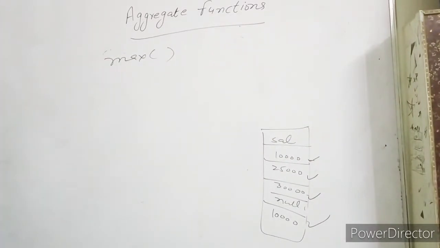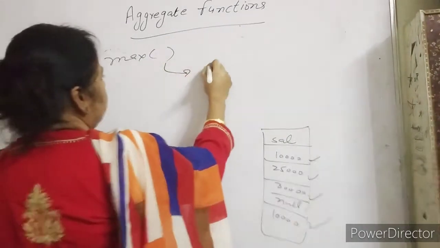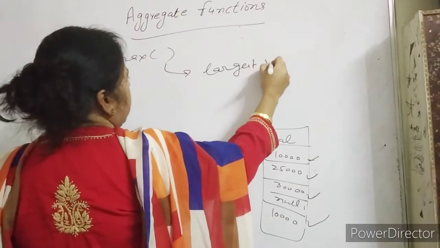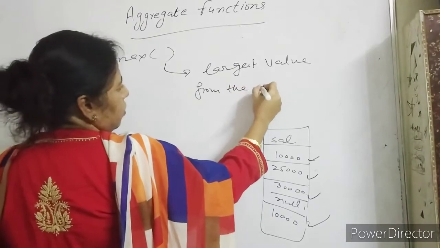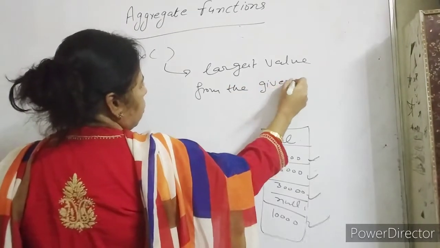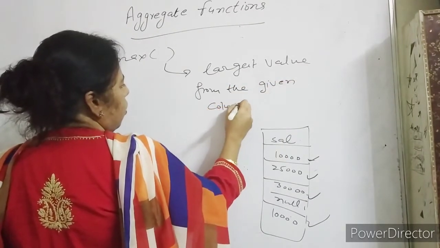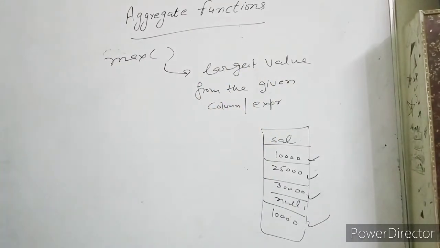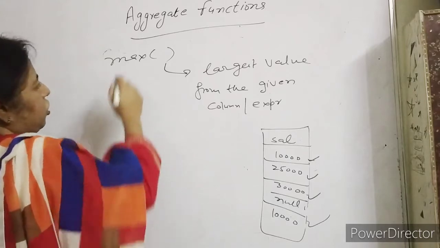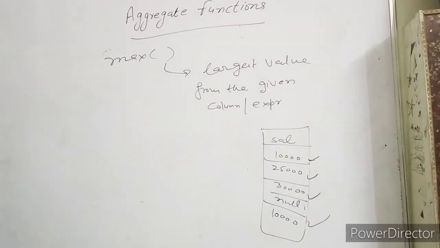MAX function returns the maximum, largest value from the given column or expression. Clear? Largest value. This function we can use with date also.